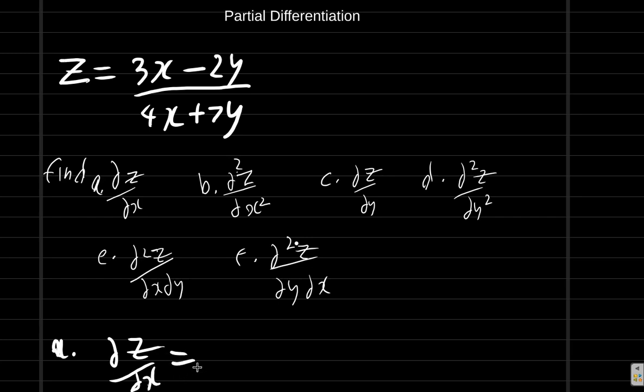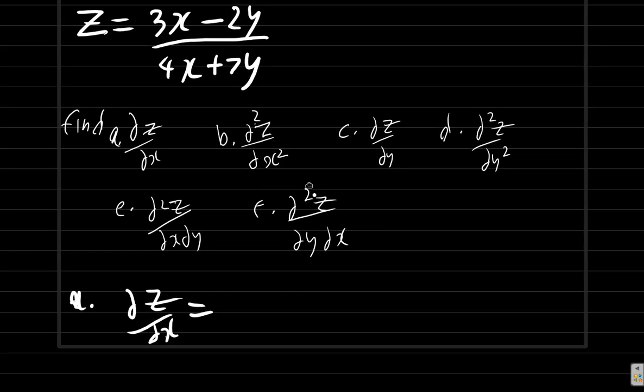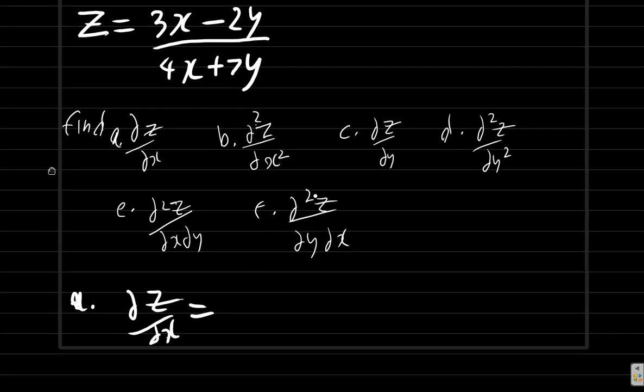Well, this is one function divided by another function, so we use the quotient rule. We hold the bottom, 4x plus 7y, times, differentiate the top. Let me just write it.